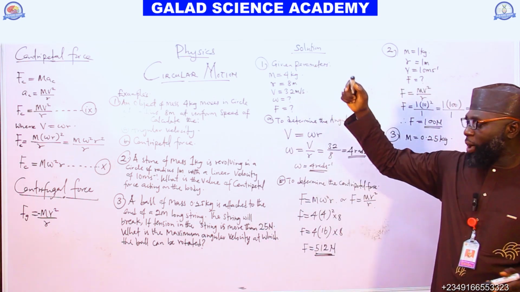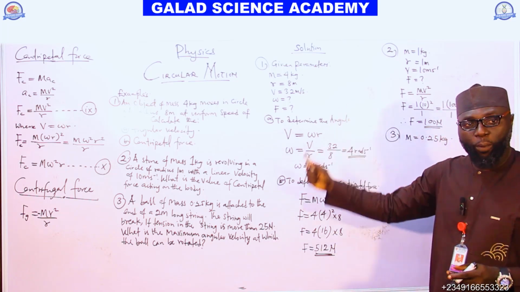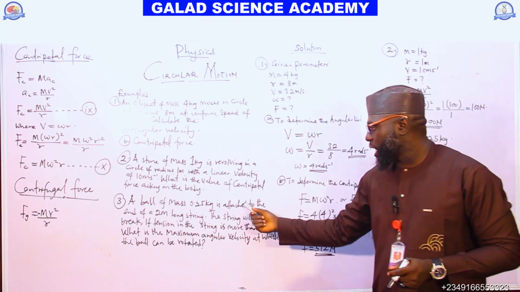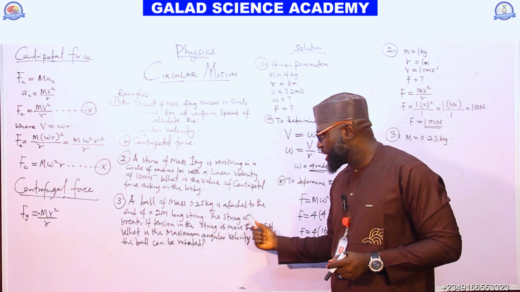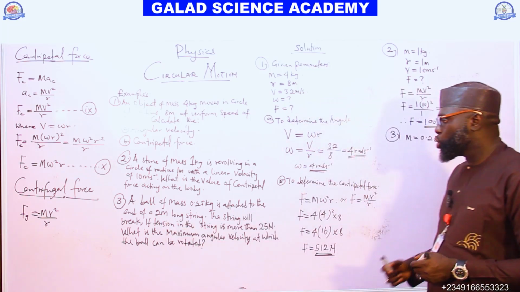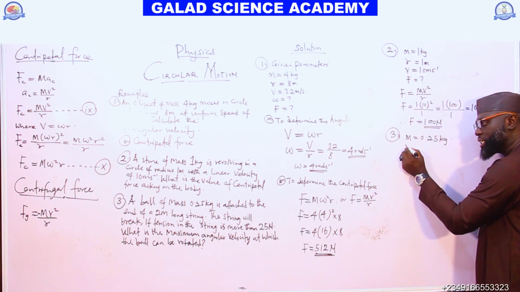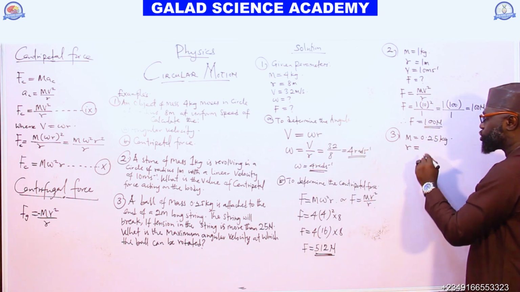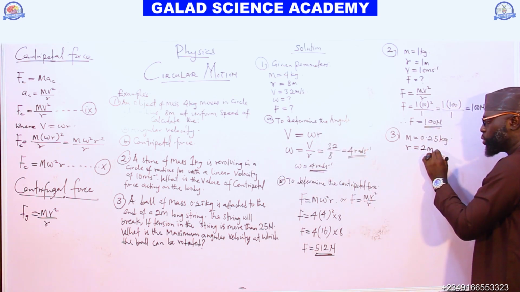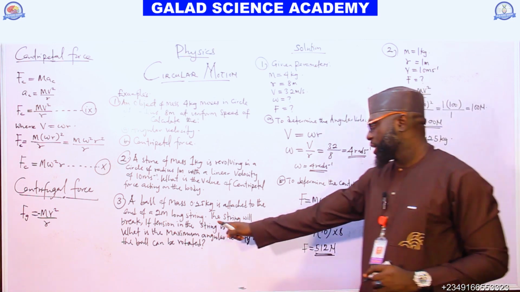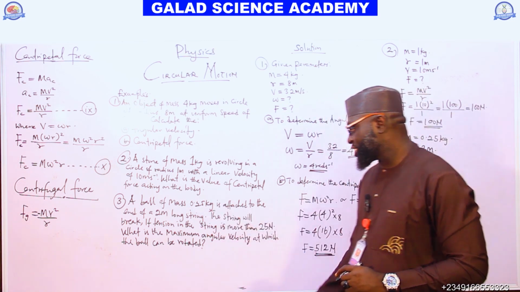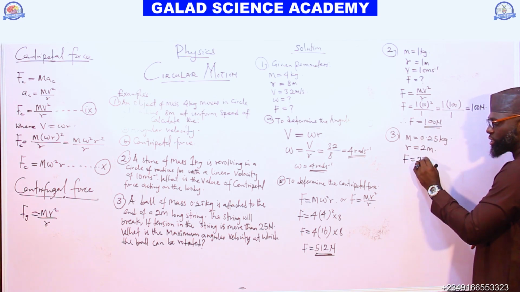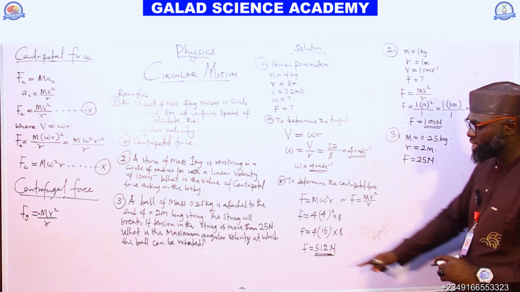The length of the string is the radius, which is 2 meter. The tension, which is the force, is 25 Newton.